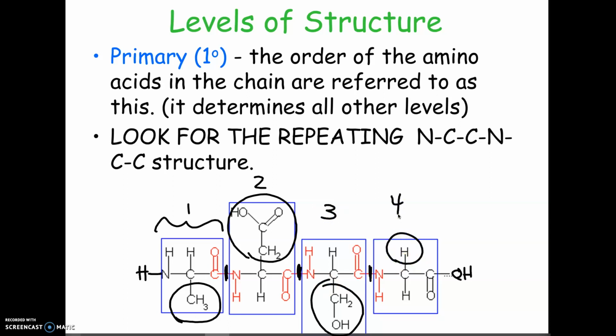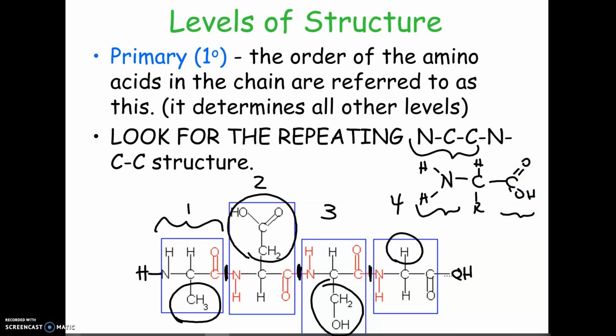And again, if you had to count how many amino acids were in a chain, it's obviously pointed out for you here because there's blue boxes around them. But if you just saw a long chain, look for that repeating pattern of NCC, because remember, every amino acid is going to start off with an amino group, a carbon in the middle, with an R group, which might actually be drawn out like it is in this picture, and then on the other end, a carboxylic acid group or a carboxyl group.